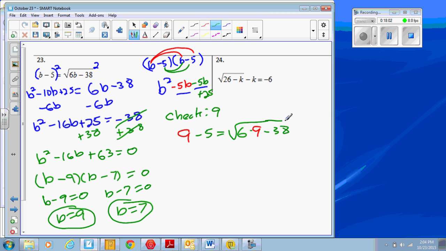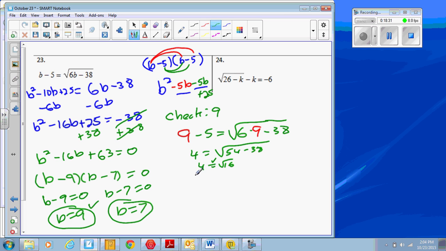All I've done is taken this original equation, without the squares, and I changed the b to a 9 and this b to a 9 also to see if 9 works. So that's going to be 4 equals the square root of 54 minus 38. So 4 equals the square root of 16. That checks. 9 is a solution.